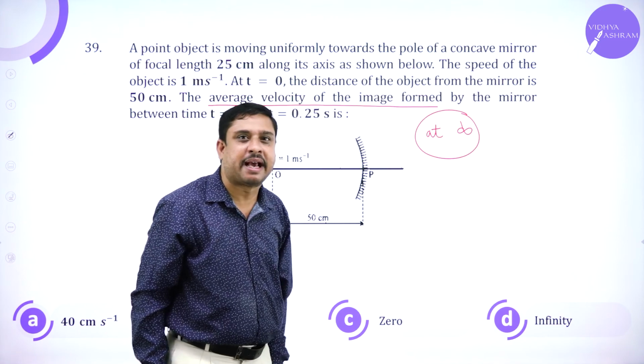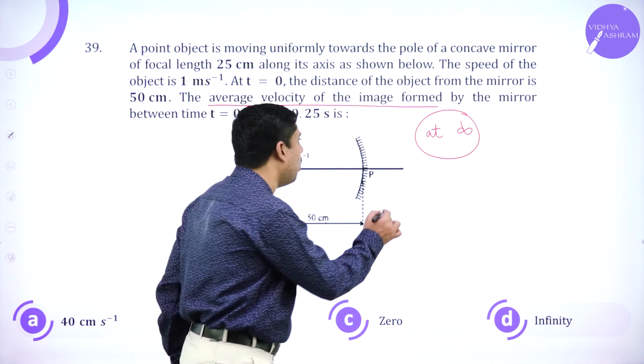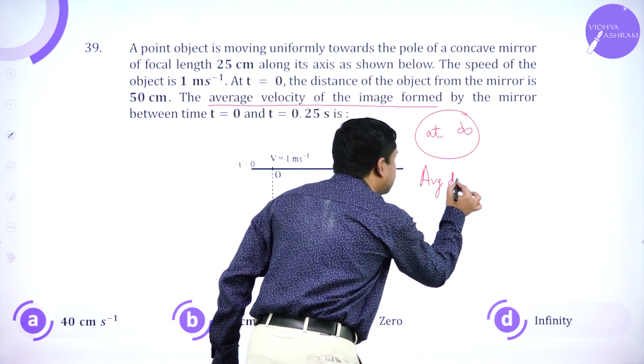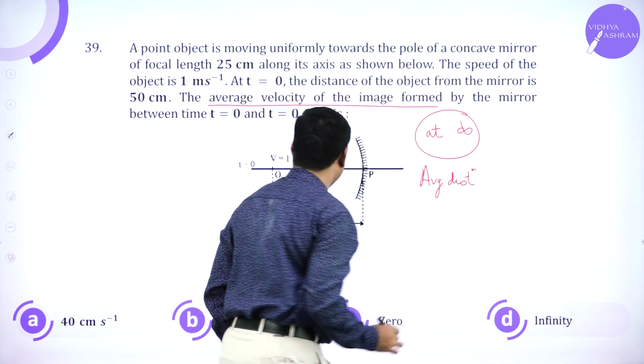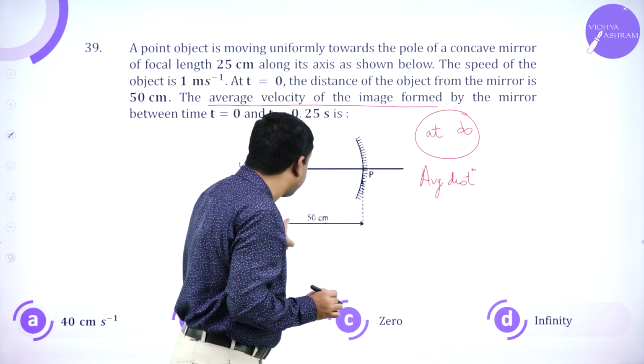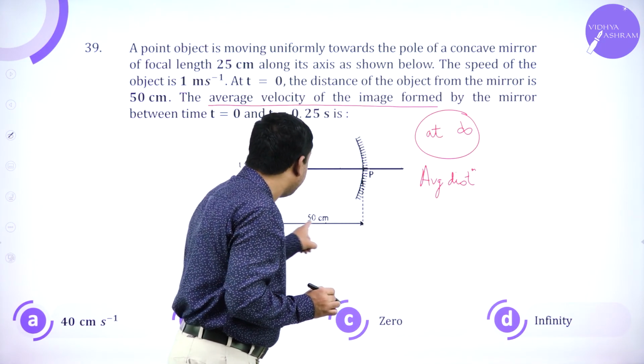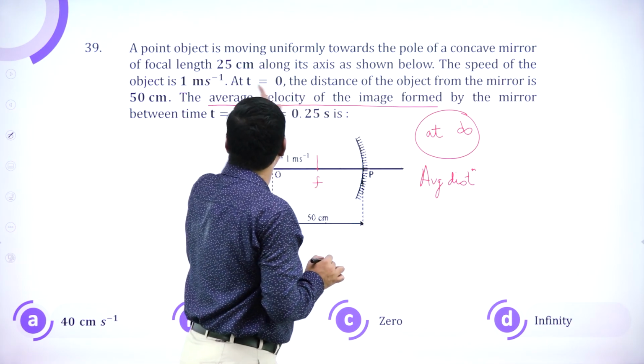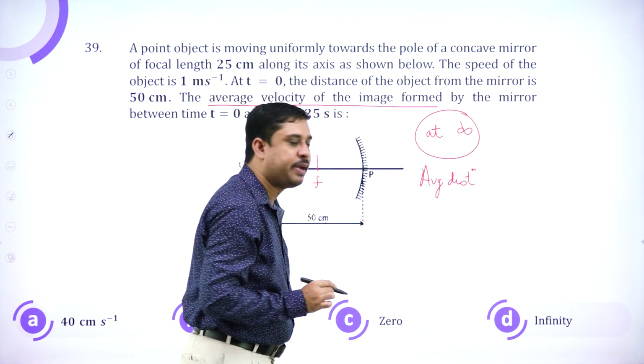For average velocity, I should know the average distance traveled. See, object is set here. It has traveled 50 centimeters. Focal length is given to be 25 centimeters.